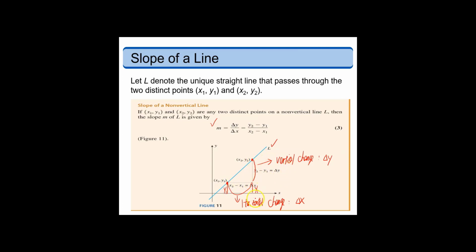So y2 minus y1 gives us delta y. Similarly, x2 minus x1 gives us delta x. So the slope is captured using this formula. Keep that in mind: every time we try to find the slope, we use this slope formula.